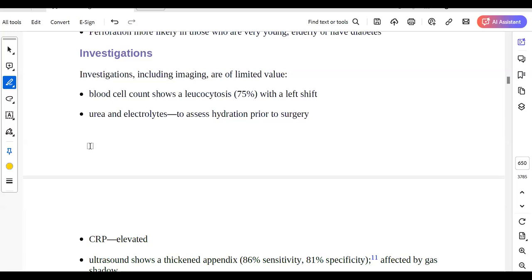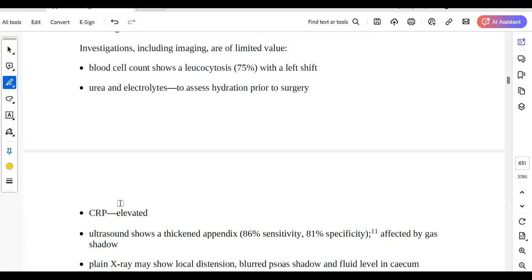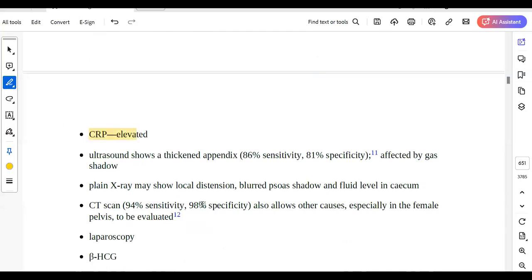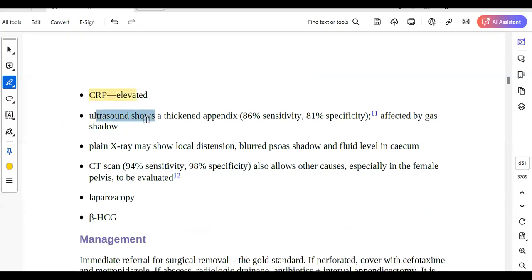But if there is a suspicion and you are not sure, then you can do a blood test, where you will get leukocytosis, which is very common, with raised CRP. If you do an ultrasound, it can sometimes confirm the diagnosis, but the best test will be CT scan. Most of the time, like 98% of cases, CT can confirm if it is appendicitis or not.